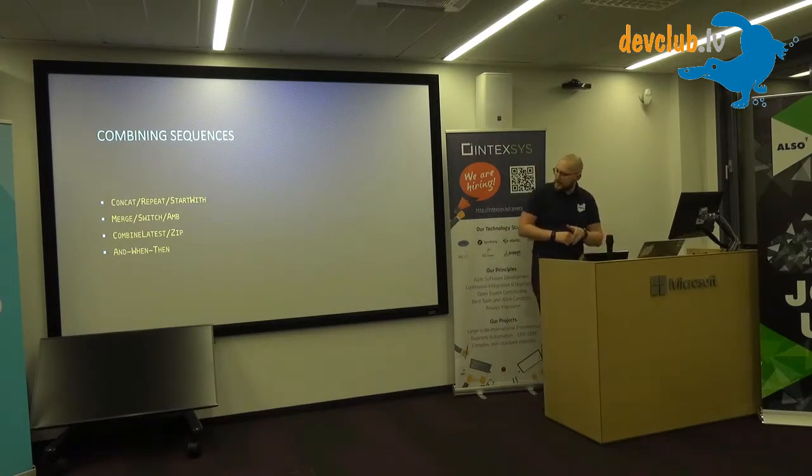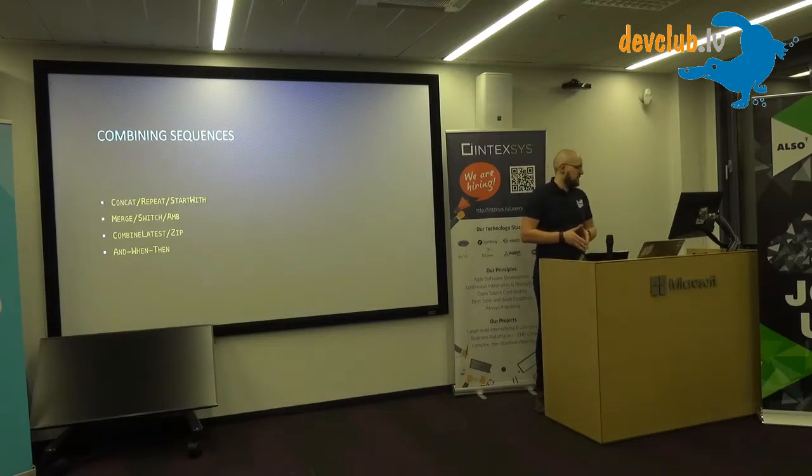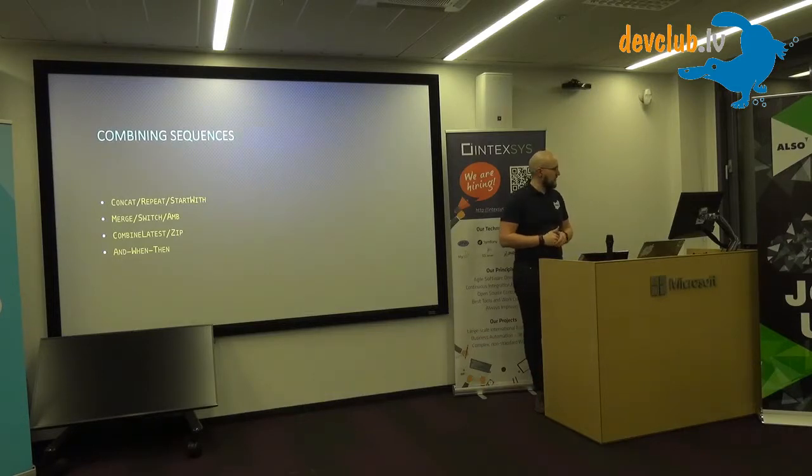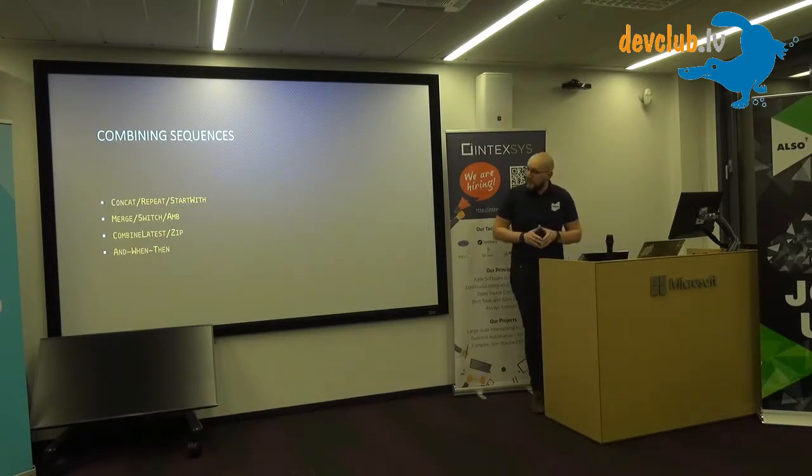Combine latest and zip are very often used for combining two sequences together. I guess zip should be pretty familiar, as it's the same concept as in, let's say, enumerables, when you just take entries together and pair them and pass them through the pipeline.